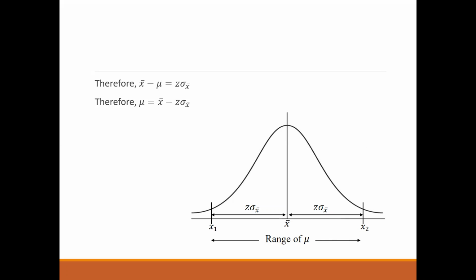That means if I want to find out the actual value, it's not always minus, it will be between a range. Then mu should be equal to x bar plus or minus z sigma x bar.